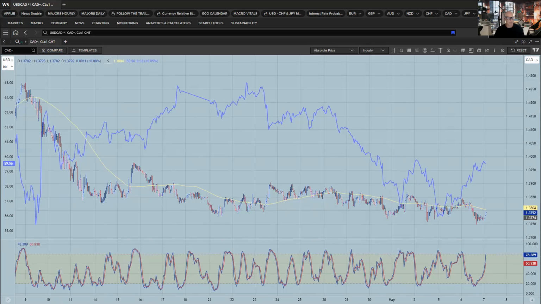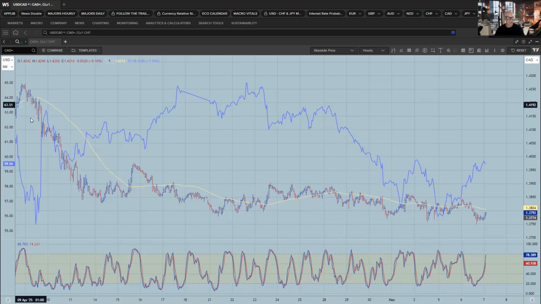Now, the most important thing to understand here is on the y-axis, okay, this is the value of oil going up, right? But the problem is the Canadian dollar against the US is quoted the US against the Canadian dollar. So it's the second part of the quote. And because of that, we need to invert the y-axis to give us the true reflection of what's going to happen to the Canadian dollar if oil moves and vice versa.